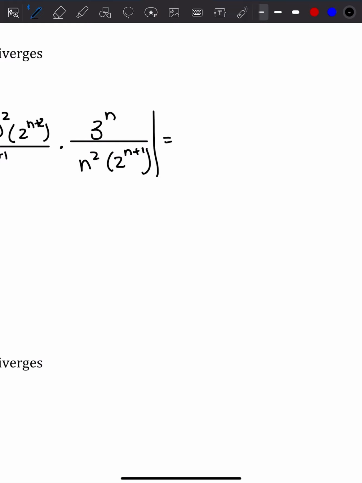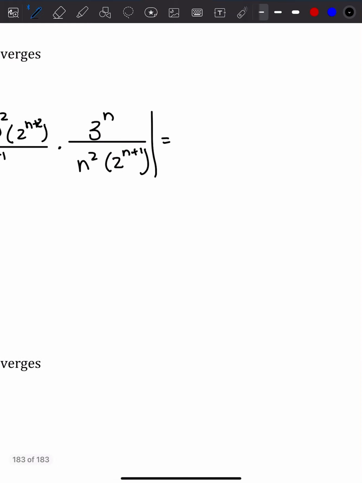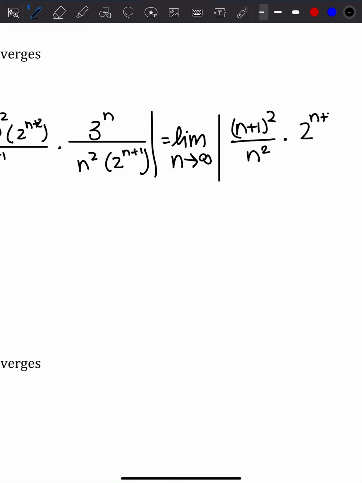Okay, I'm going to separate this into a couple different things. So I have the limit as n approaches infinity of the absolute value of n plus 1 squared over n squared times 2 to the n plus 2 over 2 to the n plus 1 times 3 to the n over 3 to the n plus 1.